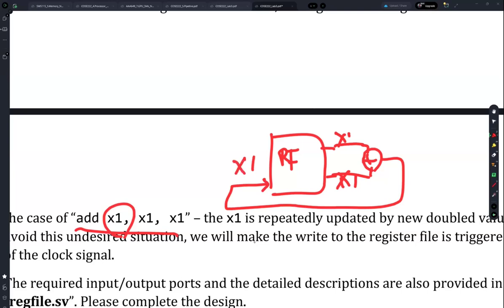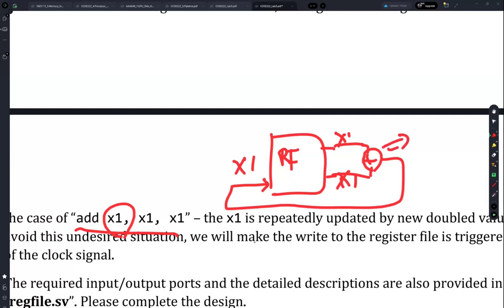Think about this. The write process of a register file is synchronized with the clock signal. But if this write process is not clocked by the clock signal, what will happen?